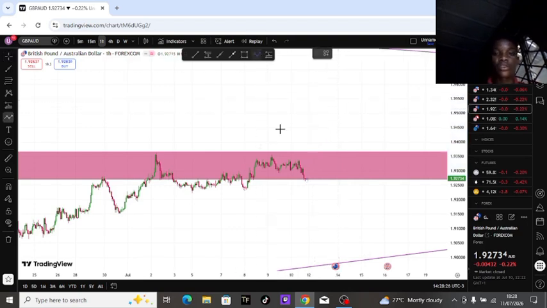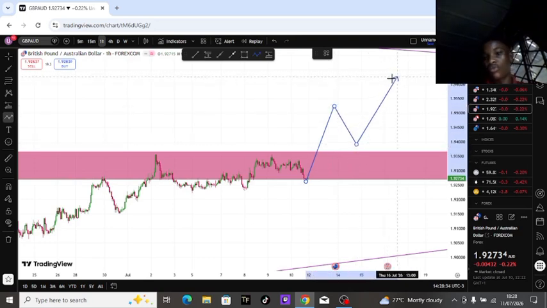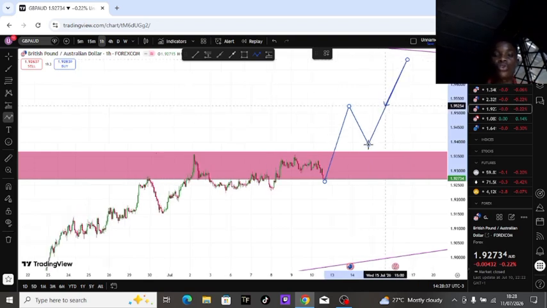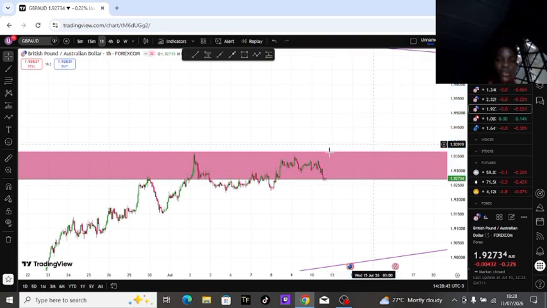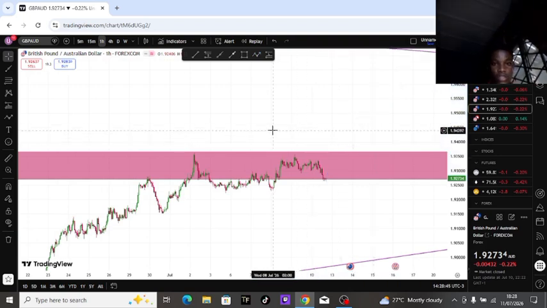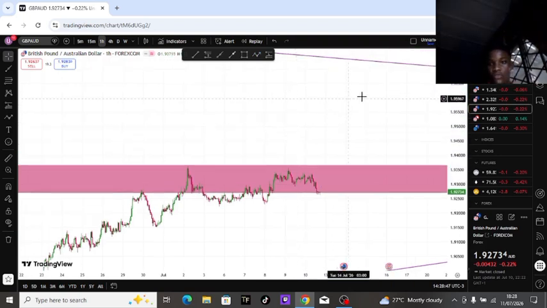Let me draw that again. Say a candle breaks out from here, comes back maybe to around here, then I'm going to go in for a long position. I'm going to go in for a long position right there. That's what I have to say on GBPUSD.